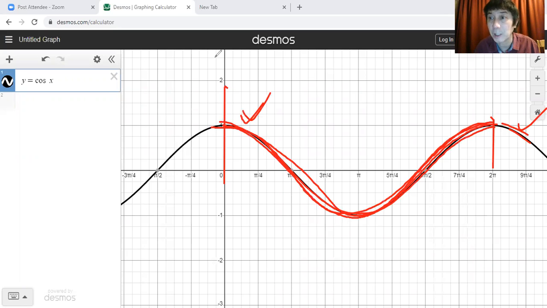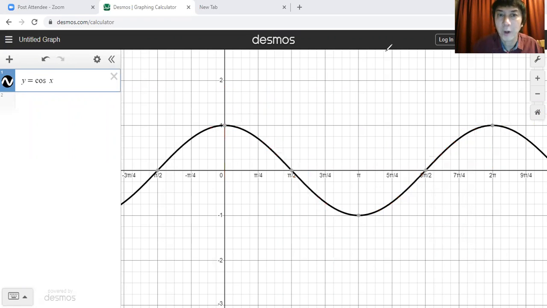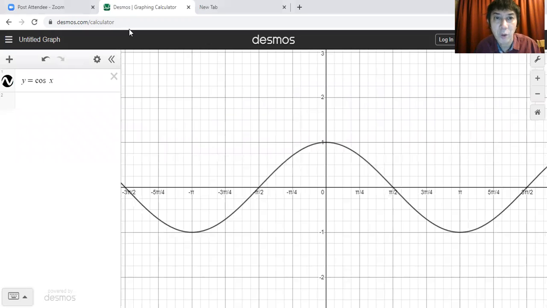And cosine is an even function. It is symmetrical with the y-axis. This is the y-axis. That's why it's called an even function. All points here will have equivalent points there.